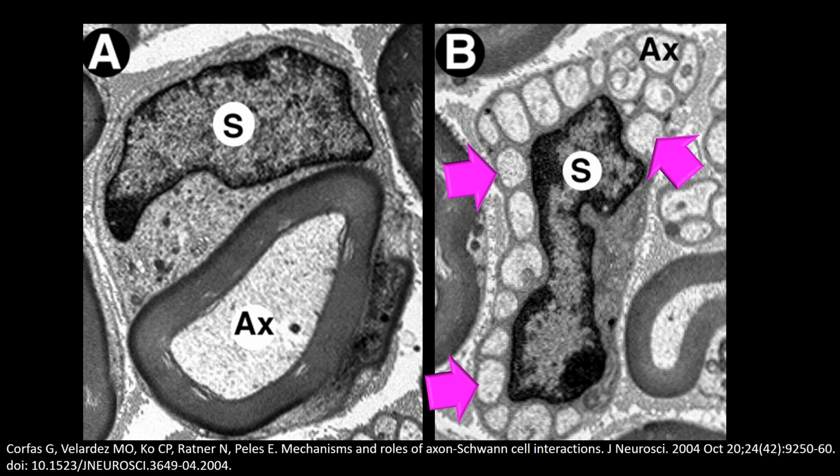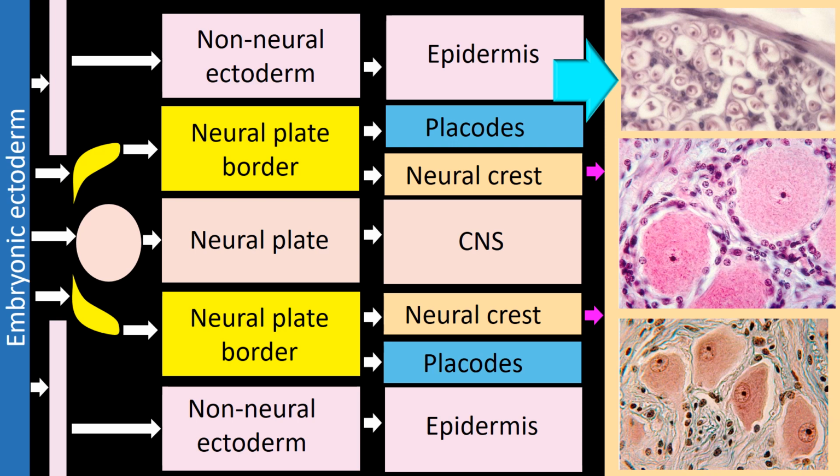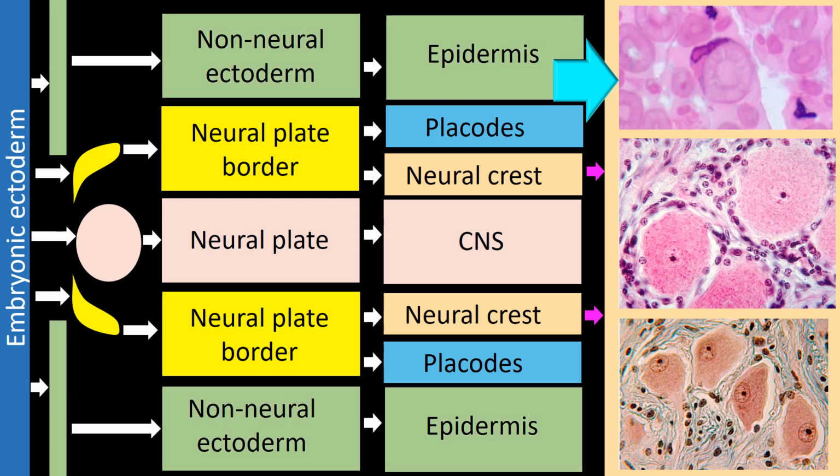The axons are forming a relatively single row flanking one side of the Schwann cell's nucleus. These axons are unmyelinated. The structure formed by the Schwann cell and the unmyelinated axons is called, as we previously mentioned, a Remak bundle.